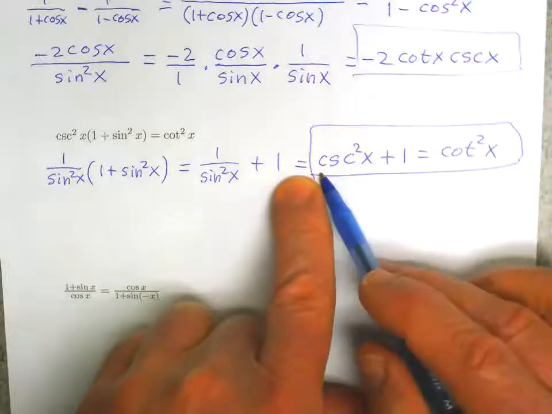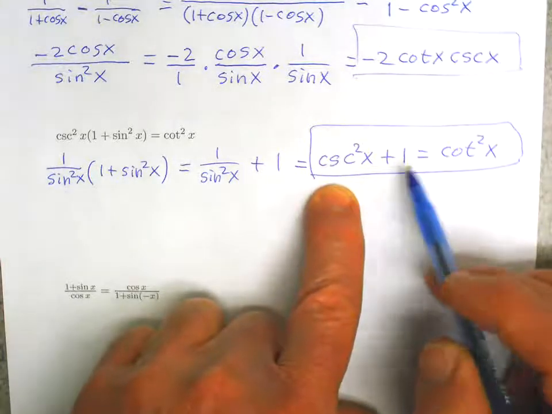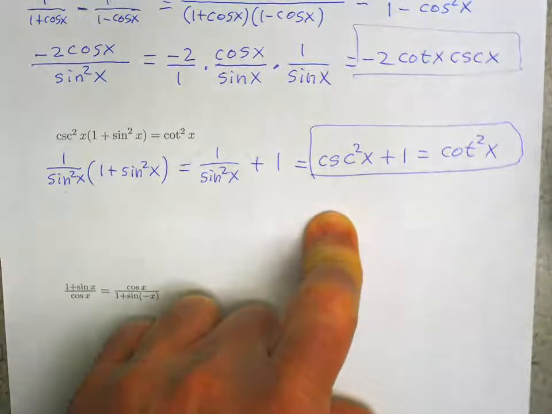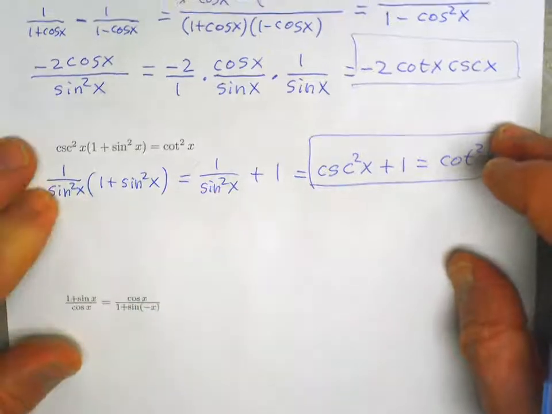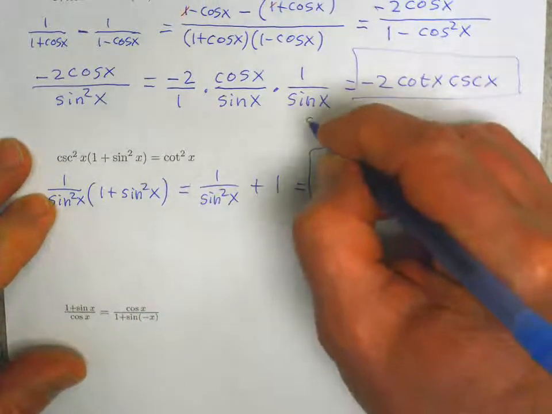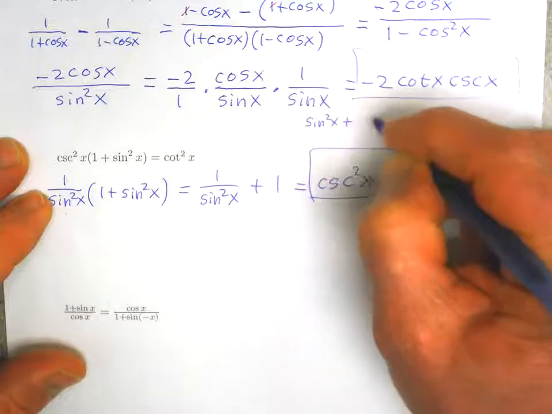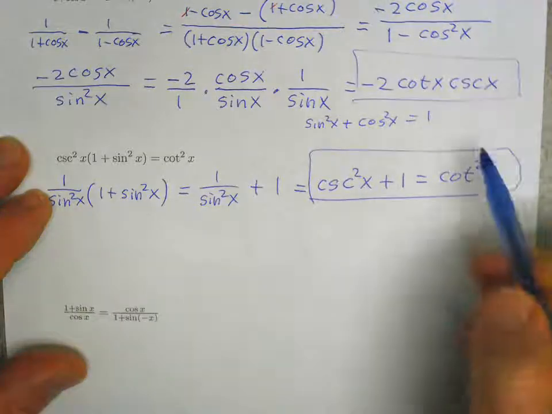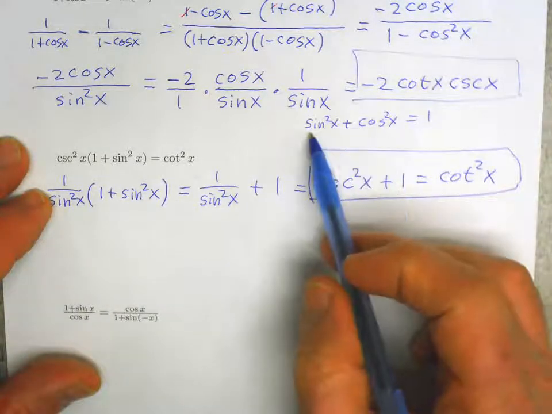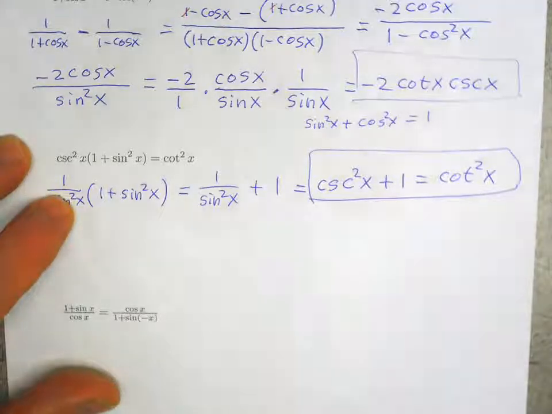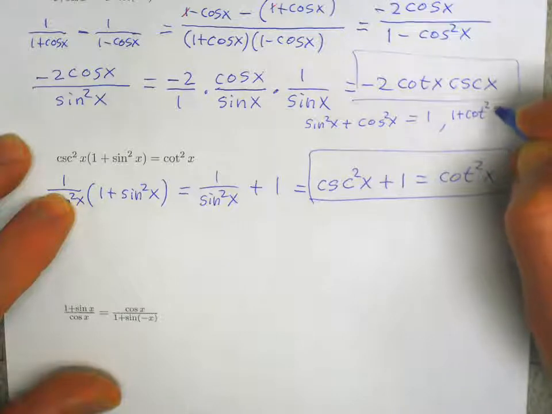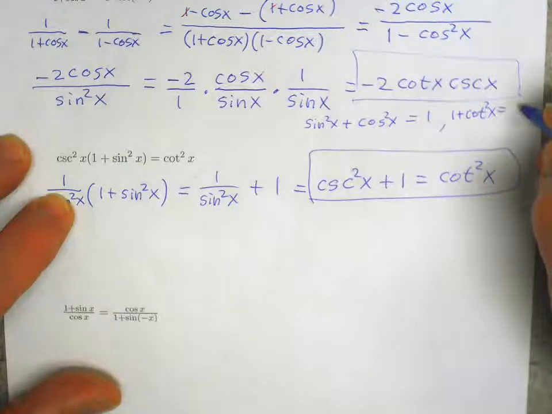Well, this kind of looks like one of those Pythagorean identities, but it's not exactly the same. So we can remind ourselves, if we begin with sine of x squared plus cosine of x squared equals 1, and I divide both sides by sine of x squared, I get 1 plus cotangent of x squared equals cosecant of x squared.